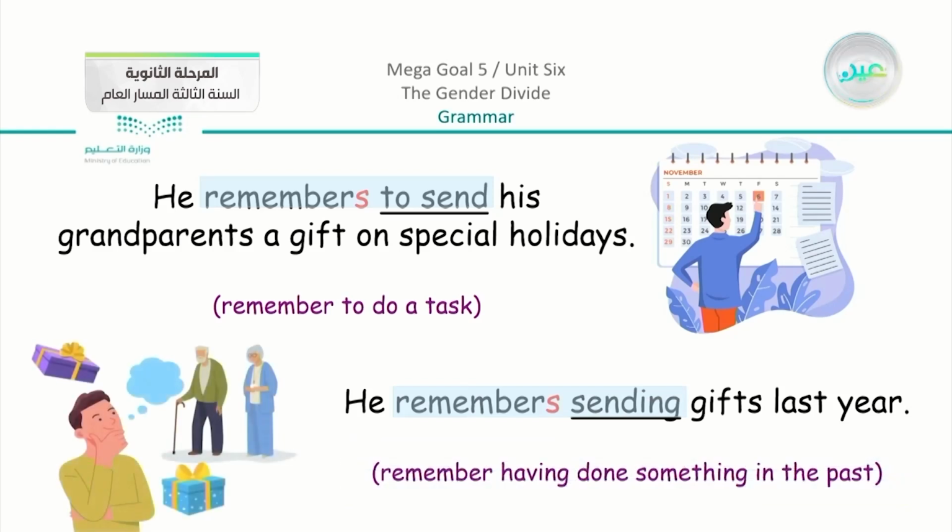And here it means to remember having done something in the past. So in the infinitive sentence there is a task that I want to do, and with the gerund, it's something that I remember doing. Note that remember can be used in the present simple, the past, or the continuous. It depends on the sentence.